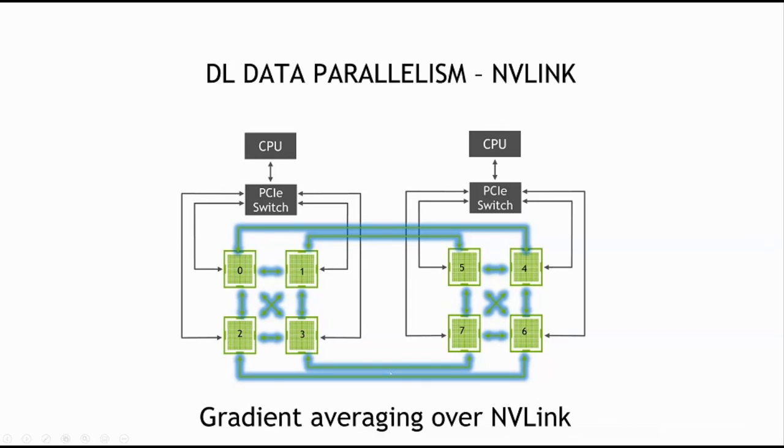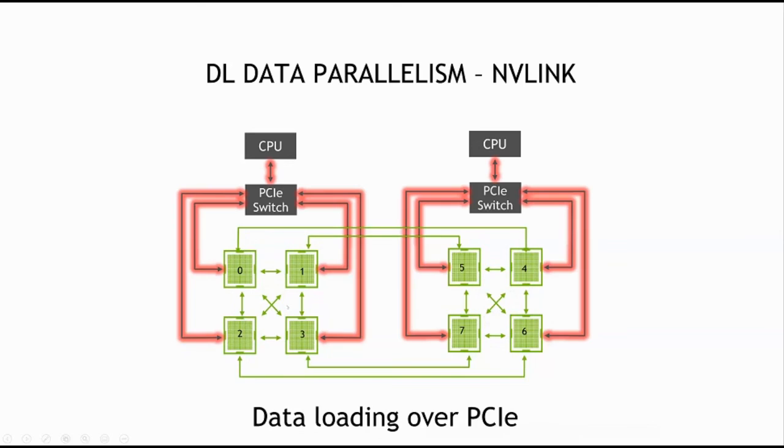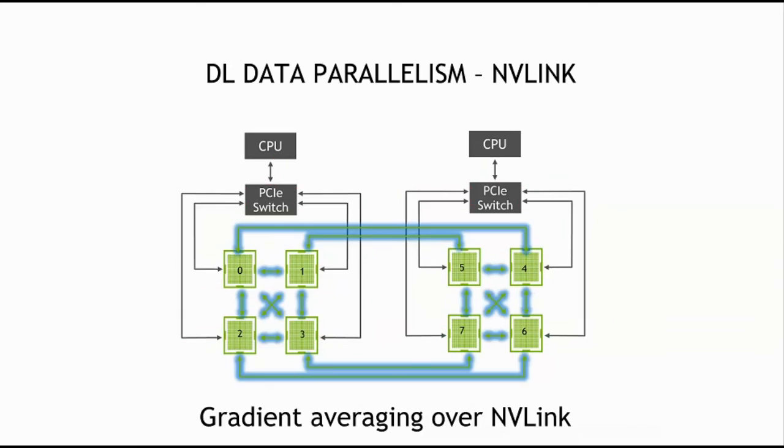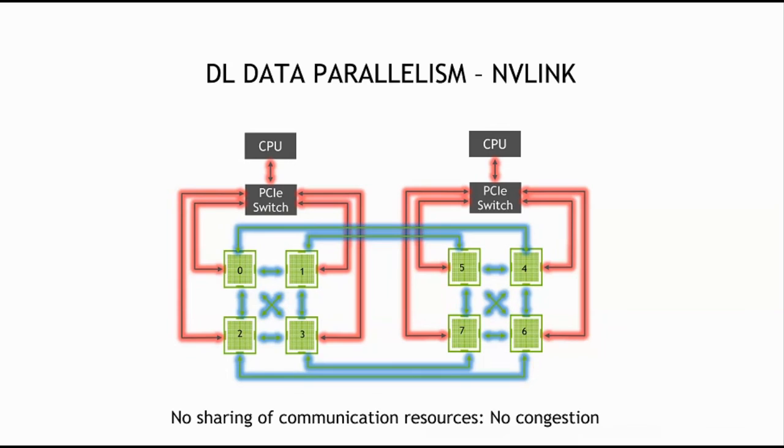That's where the NVLink plus the NCCL library, which is NVIDIA's communication library, comes into the picture and helps you do these things more efficiently. So in short, data loading happens over the PCI, the gradient averaging happens over the NVLink, and there is no congestion between the PCI where the data is coming from and the gradient synchronization across these GPUs.